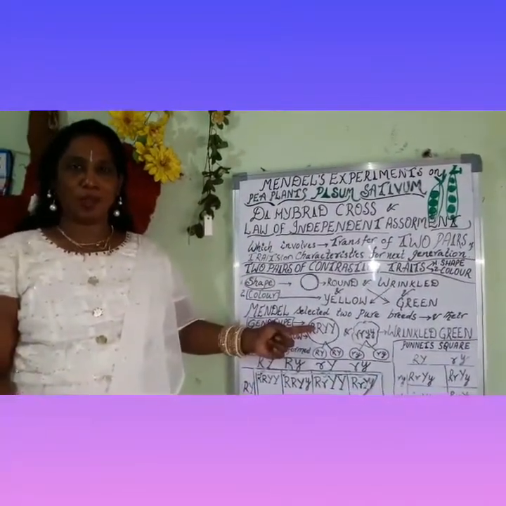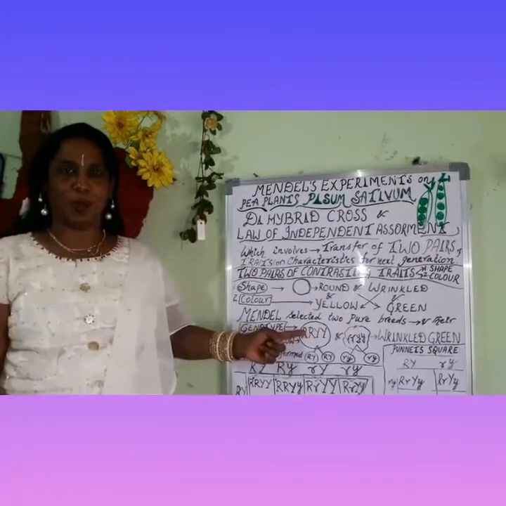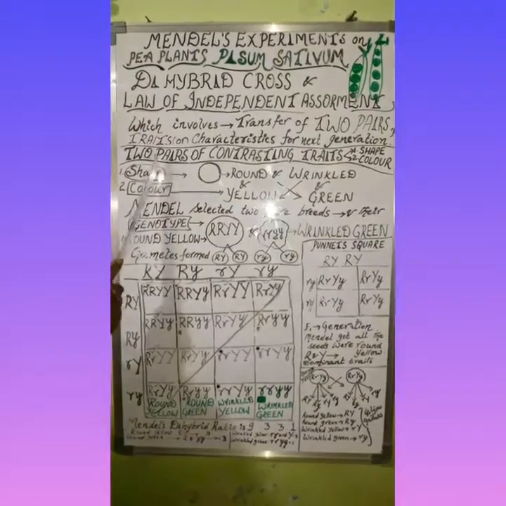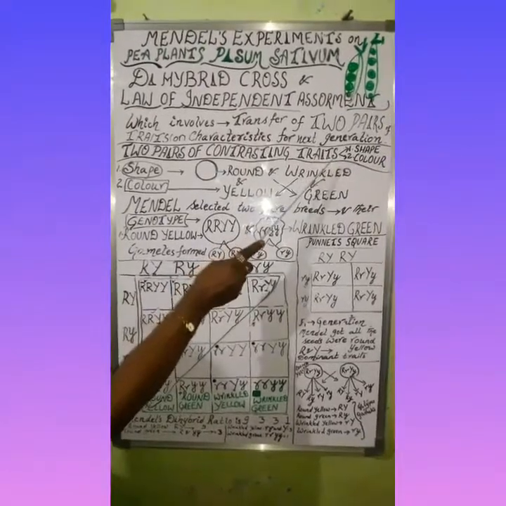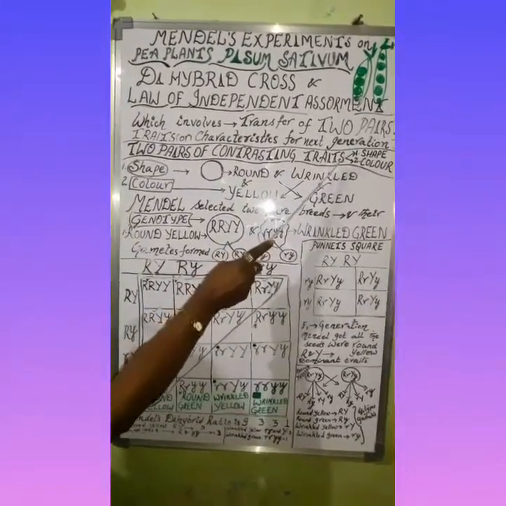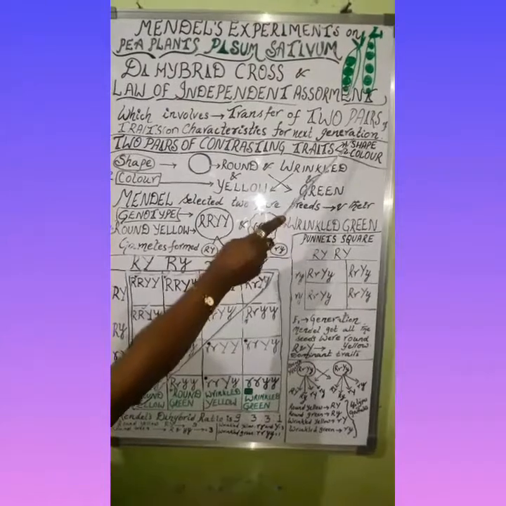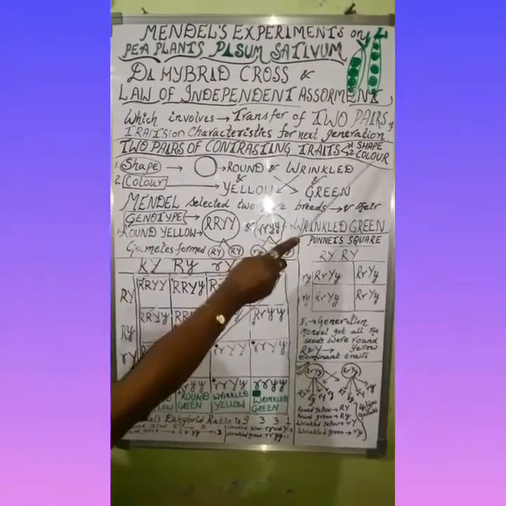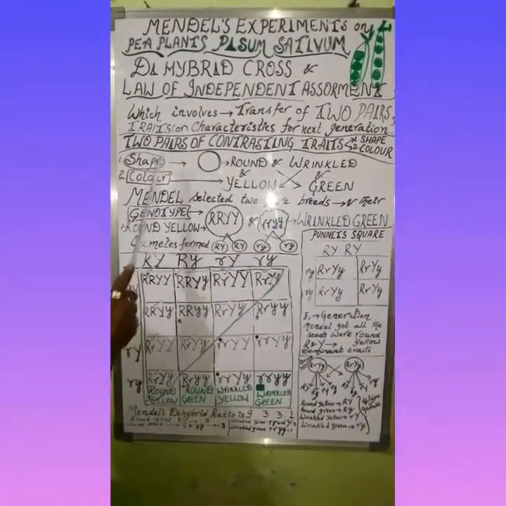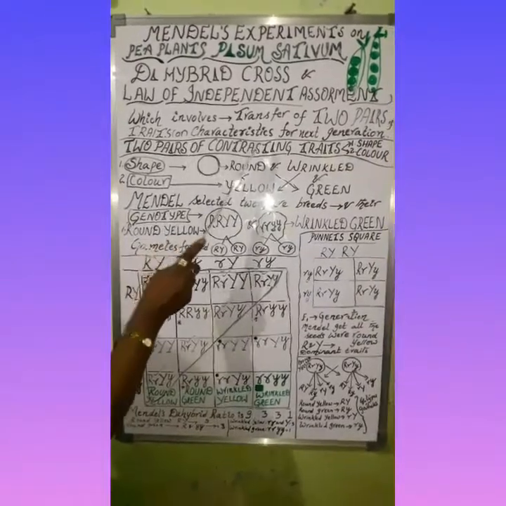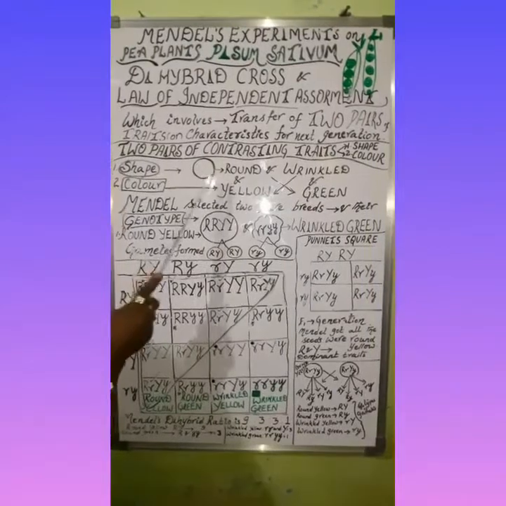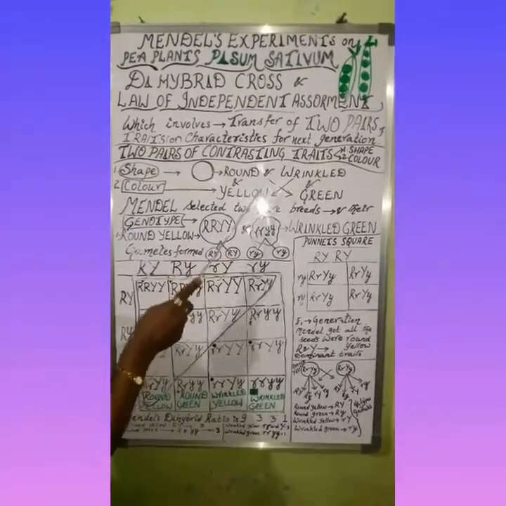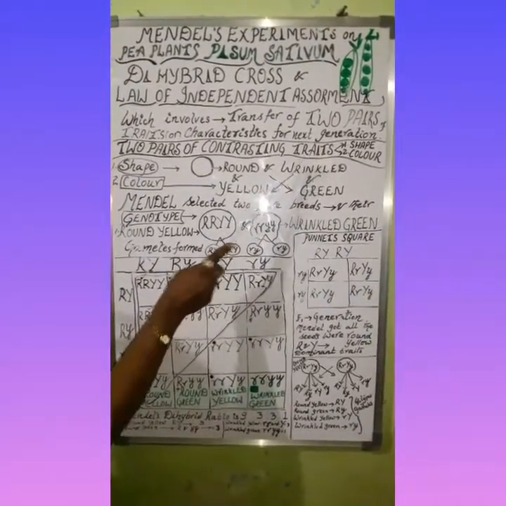When Mendel grows these pure breeds of plants, the two pairs of contrasting traits selected by Mendel are, first, shape and the other, color.